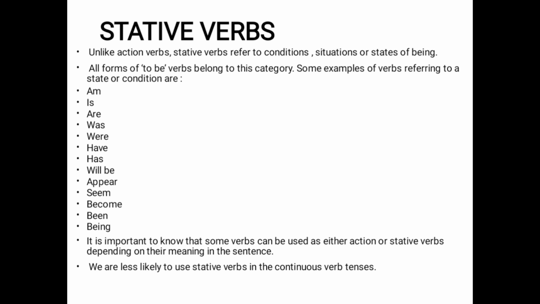It is important to know that some verbs can be used as either action or stative verbs, depending on their meaning in the sentence. We are less likely to use stative verbs in the continuous verb tenses.